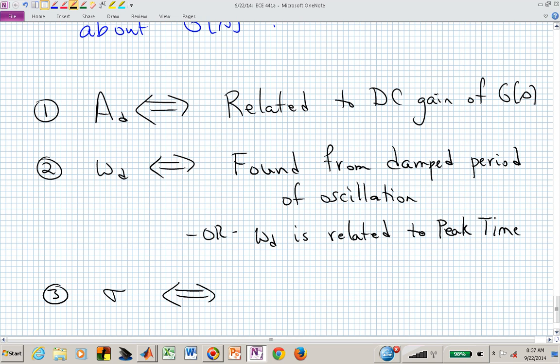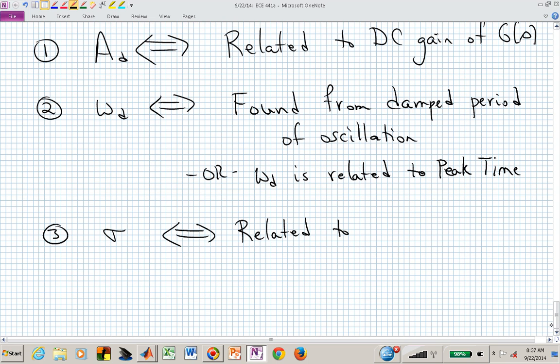If I gave you sigma, what would that be related to? Or if I needed to find sigma, how could I find it? You could measure the time constant, and you can get the time constant by measuring your settling time. That's one way to do it. So this is now related to the settling time.